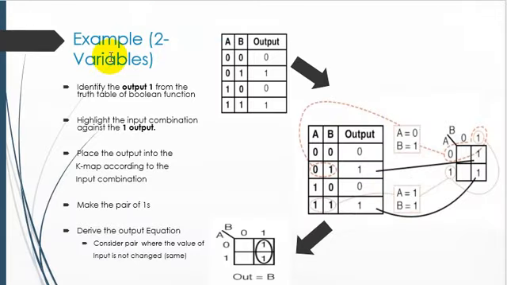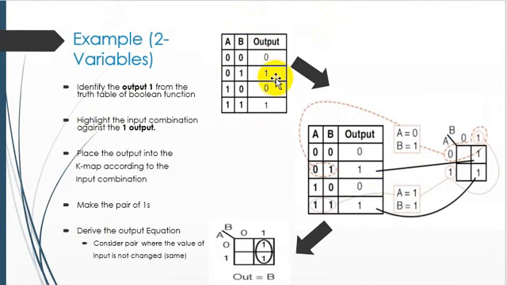Now we take the example of two variables. These are the general steps to solve any K-map. The first step is, if you have a truth table just like that, you need to identify where we get the output 1.